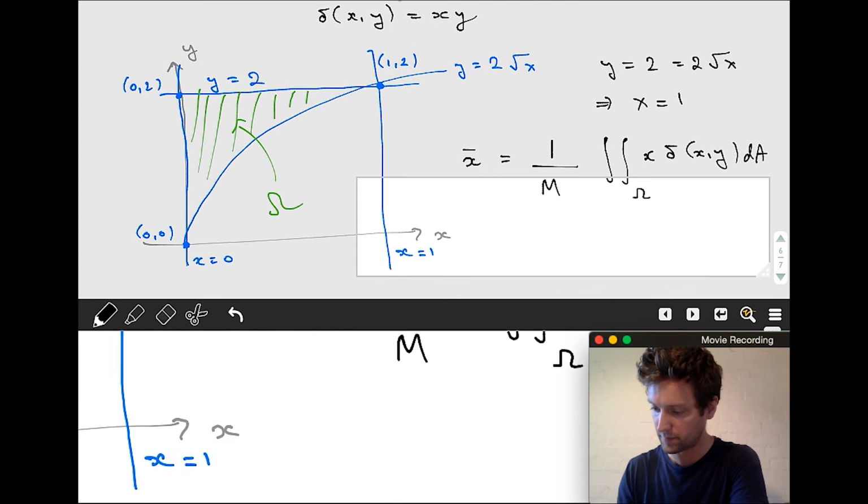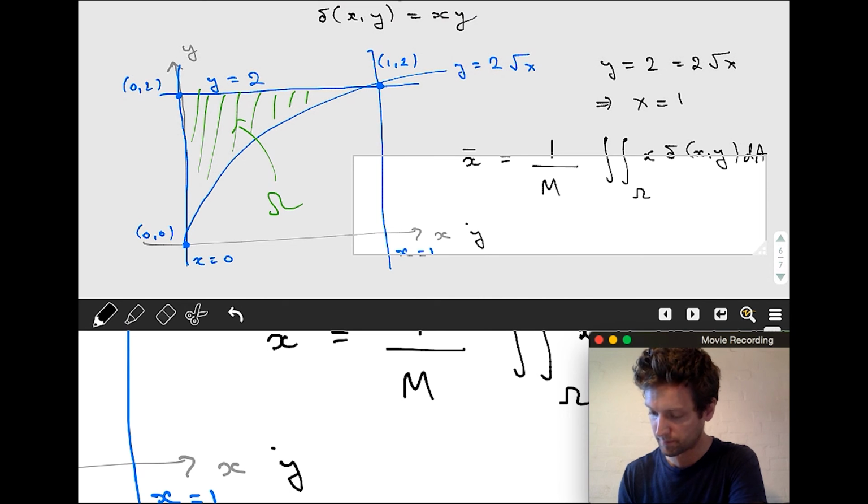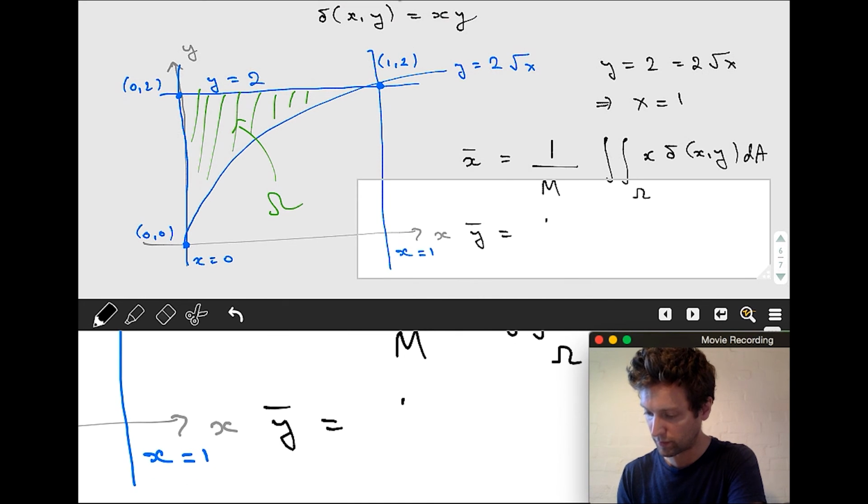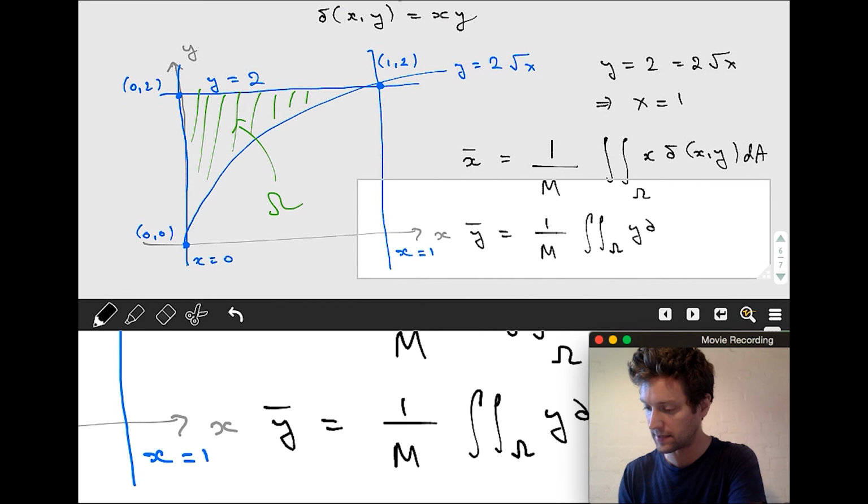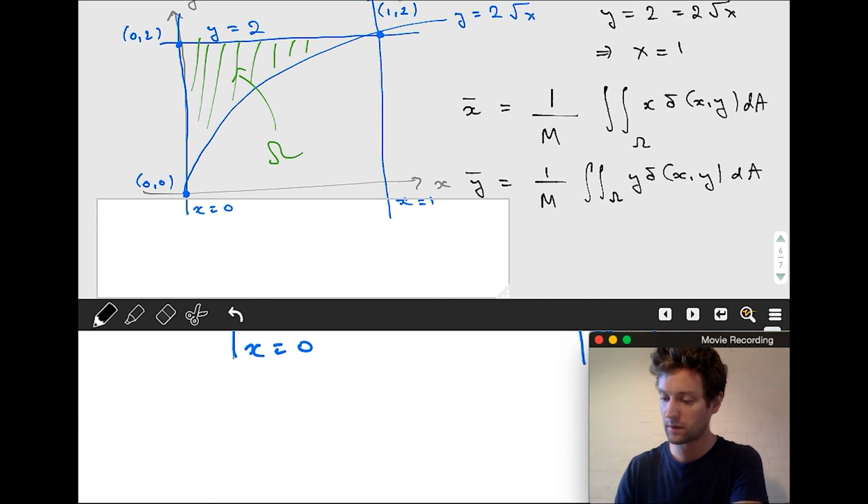And we've got the y coordinate is equal to 1 over m double integral y delta xy dA.